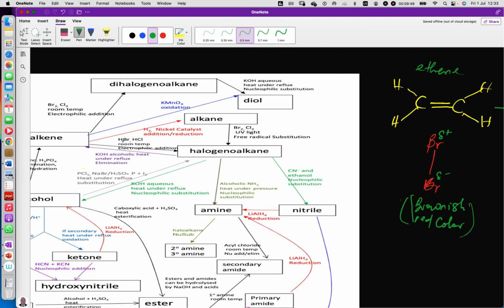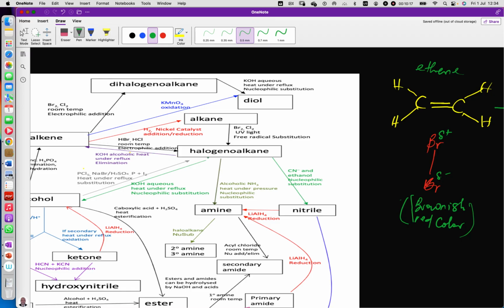Ethene can react with any hydrogen halide, hydrogen bromide or hydrogen chloride, and when it reacts with that, it's going to produce what we call a halogenoalkane.